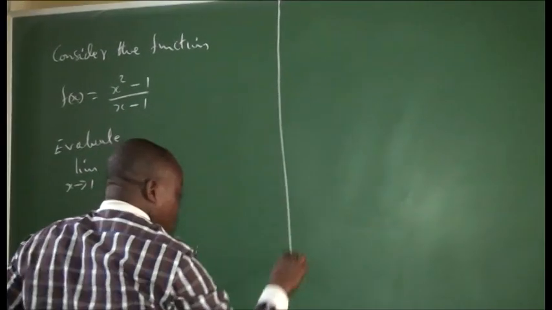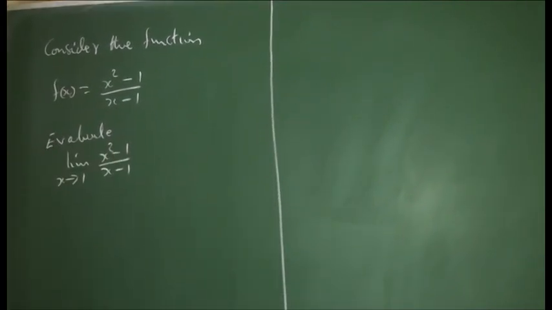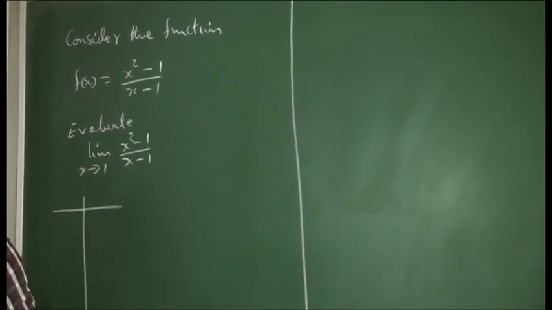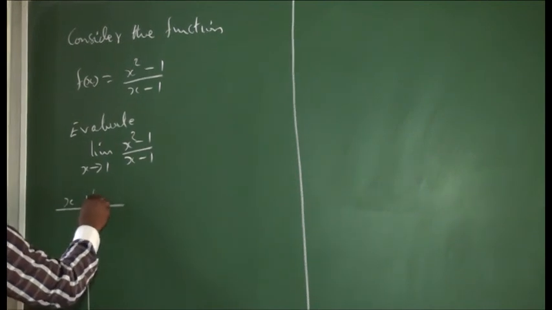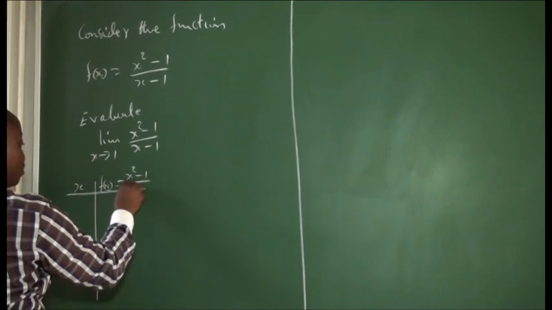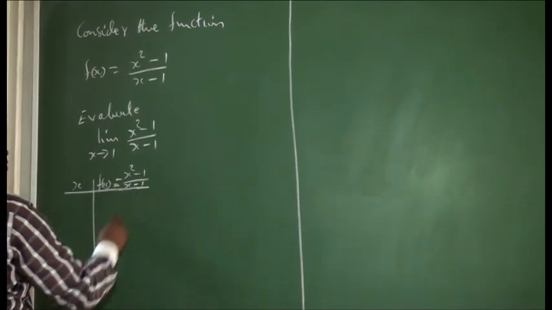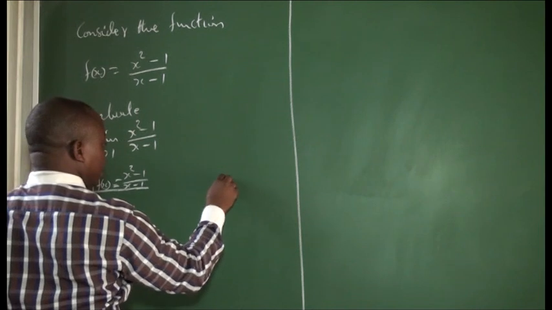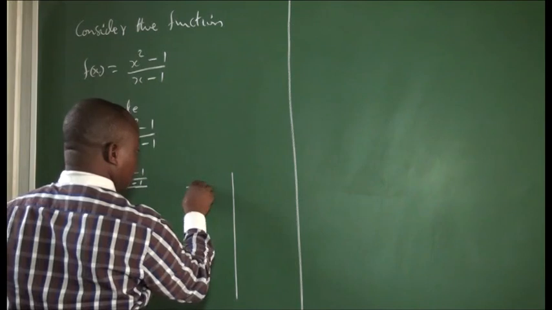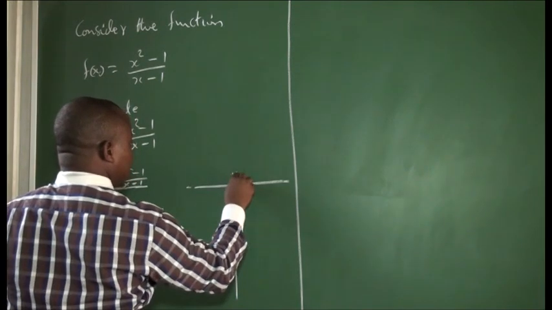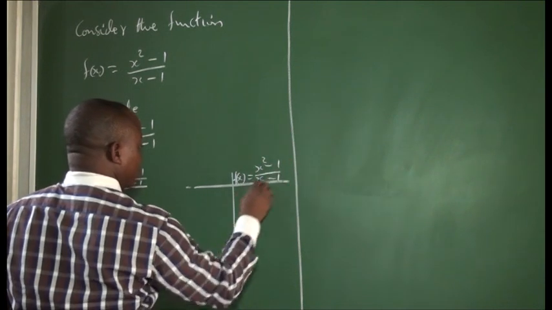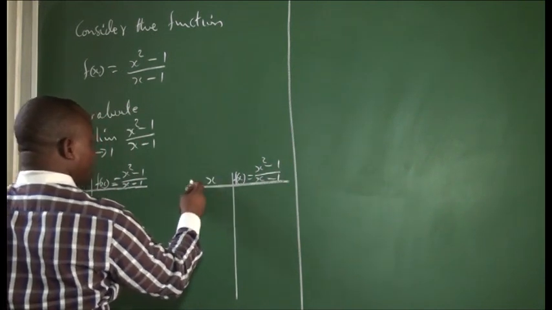All right, so using a table again, I will have 2 tables. This one is for x, then f of x, where f of x equals x squared minus 1 over x minus 1. I have another one here, table 2, with the same f of x and values of x.